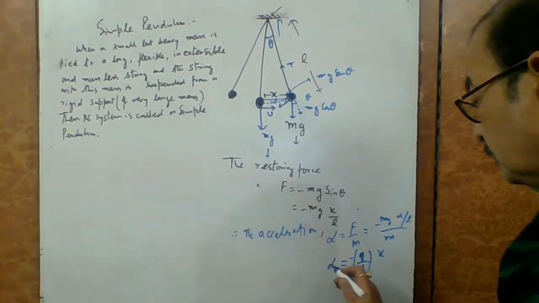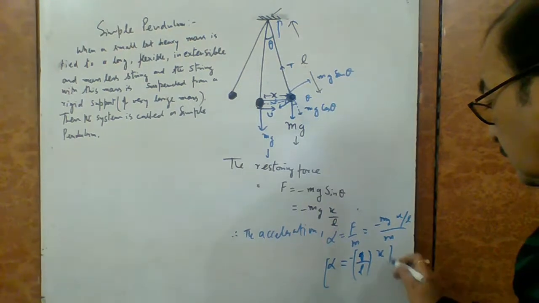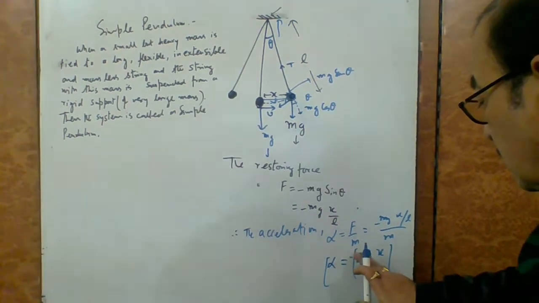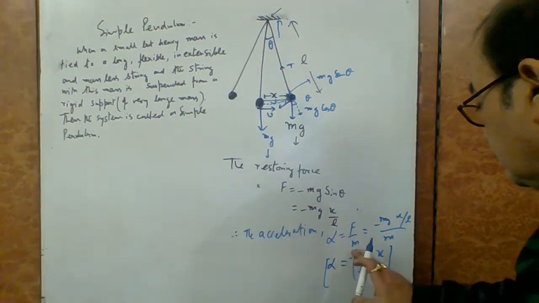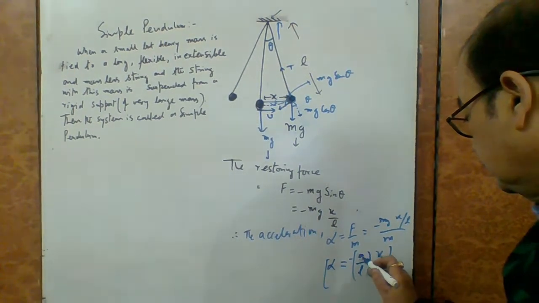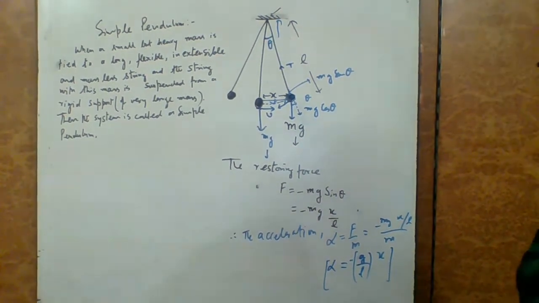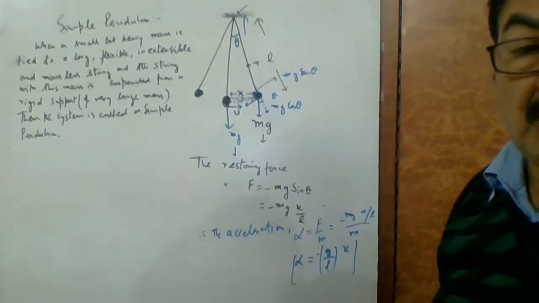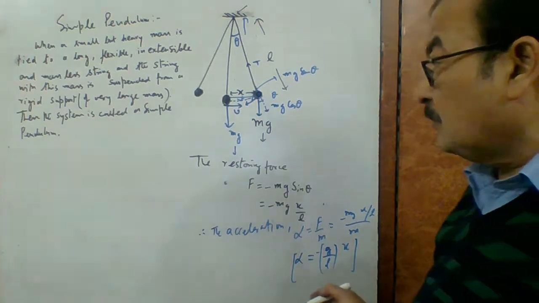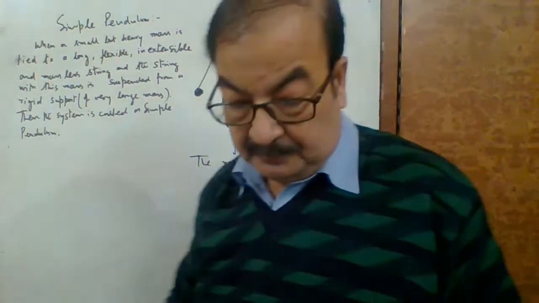Alpha equals minus g by L into x. This is small g. Naturally, from this it is very clear that the acceleration of the bob is towards the mean position.